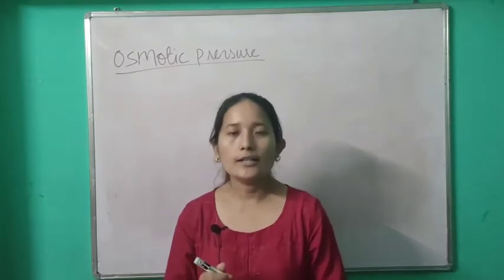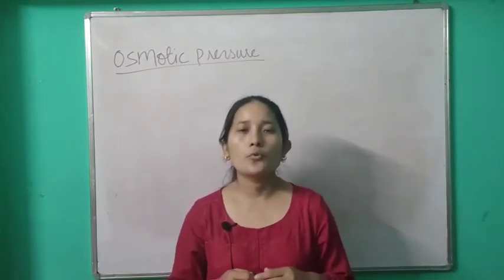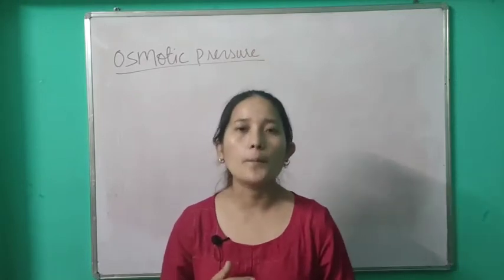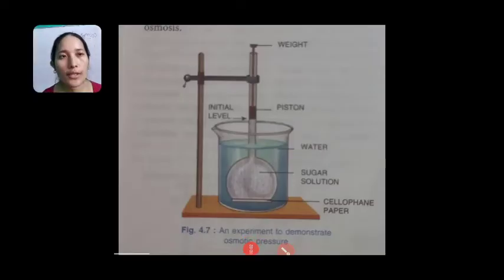Let us go through one experiment which will make the concept of osmotic pressure much clearer. In our previous video we have already discussed one experiment regarding osmosis. We had a similar setup, right?